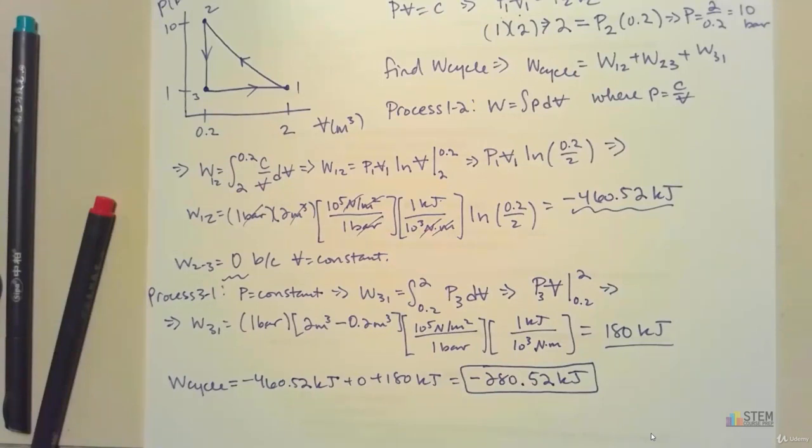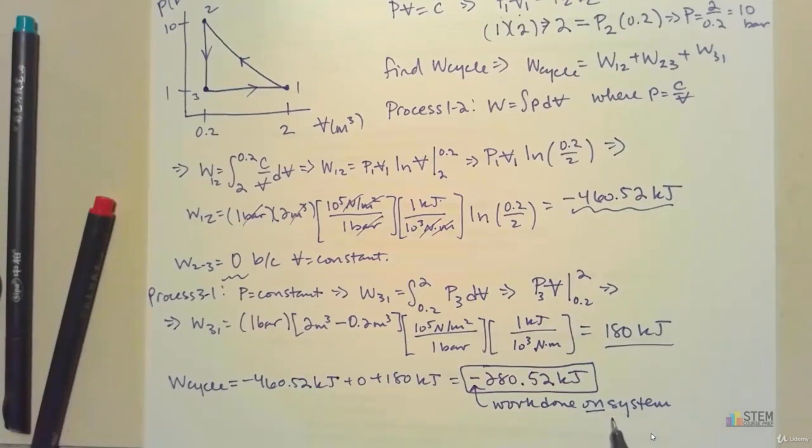Now, the question asks you, is this a power cycle or a refrigeration cycle? Now, we can tell that just by looking at the sign of the work. Remember, if it's negative, that means work is being done on the system. Now, since work is being done on the system, let's think about a power cycle and a refrigeration cycle. A power cycle is sending work out, right? The arrow was drawn out, so we had an energy transfer by work out of the system.